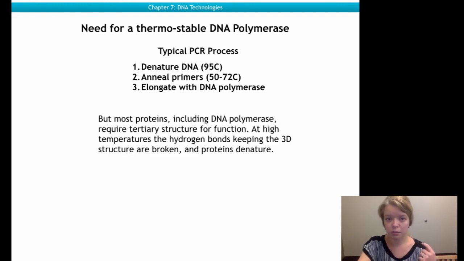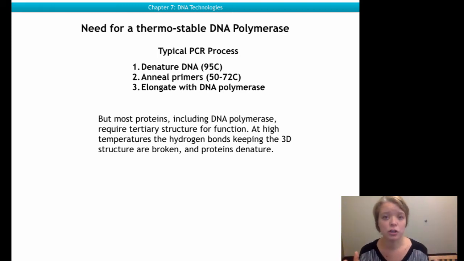Now here comes another problem. At even 72 degrees Celsius, most proteins, including DNA polymerases from bacteria such as E. coli, will have denatured, or at least partially denatured. They will have definitely denatured at 95 degrees, which is required for denaturing, for separating the two strands of a DNA helix to serve as template.